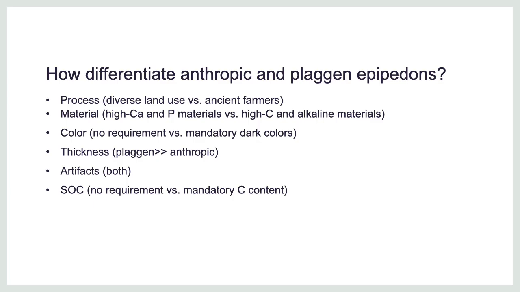So both patterns can also be differentiated according to the soil organic carbon content. I can think of the process, the kind of material, the color, the thickness, and the soil organic carbon. We have a lot of criteria that help you differentiate both patterns, okay?